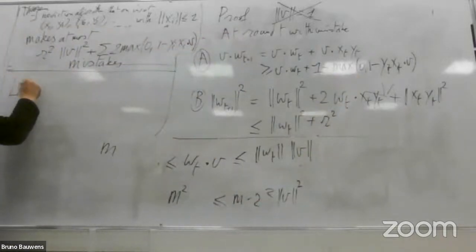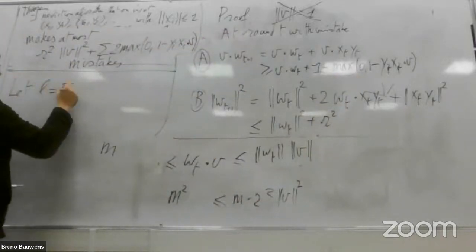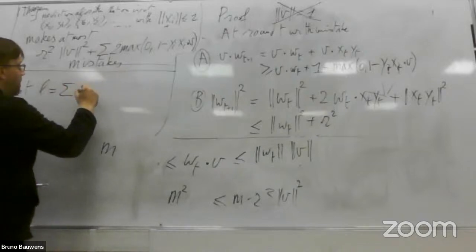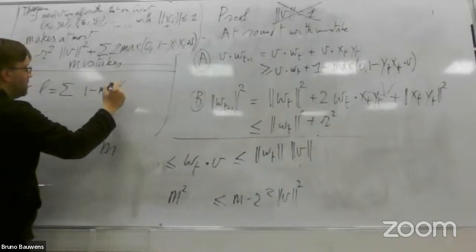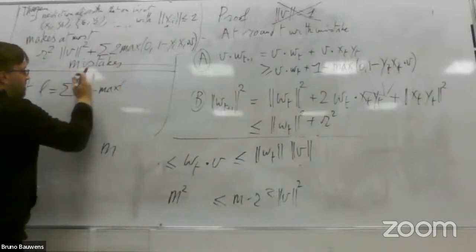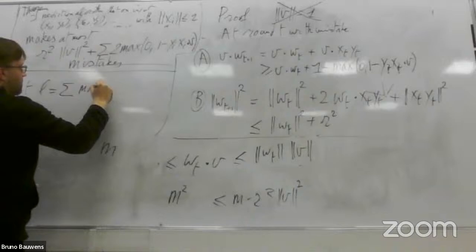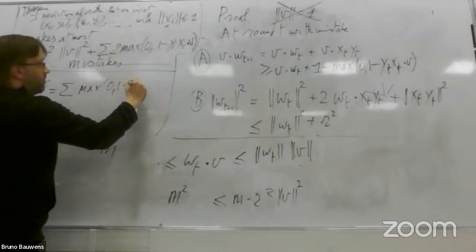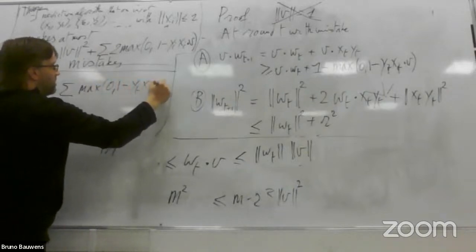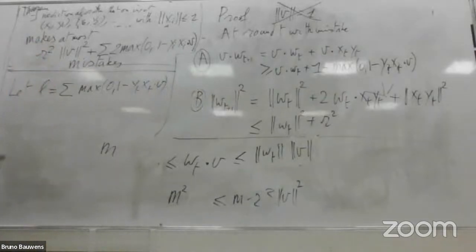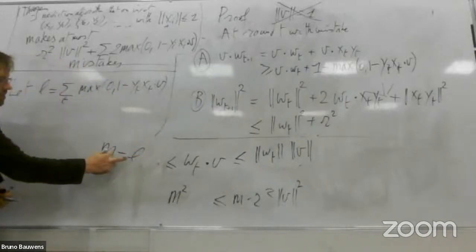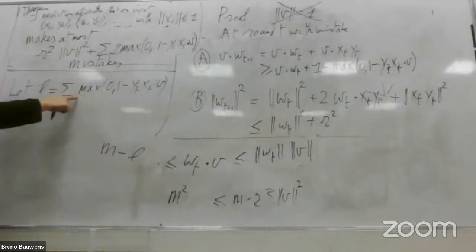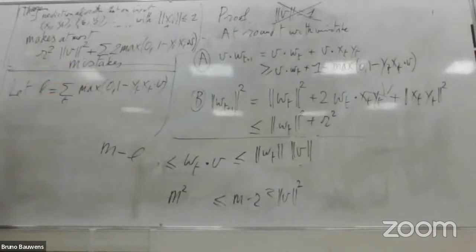So let us say that L is equal to the sum of maximum 0, 1 minus y_t x_t times... over all m. So now I have m minus L, so m minus all these error terms, all this correction on the equation.